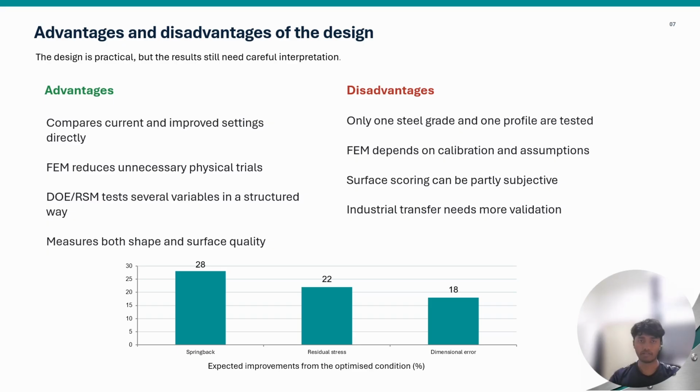However, there are some limitations, as the study only tests one steel grade and one profile. FEM also depends on calibration and assumptions. Surface scoring may include some human judgment. More industrial testing would be needed before applying it for wider usage.